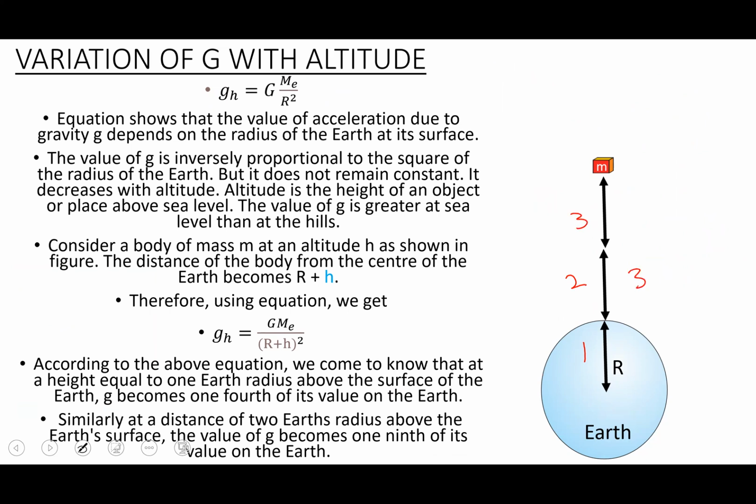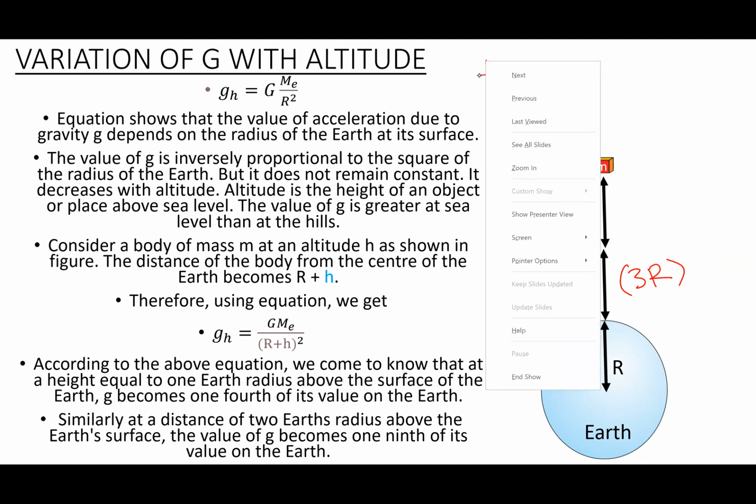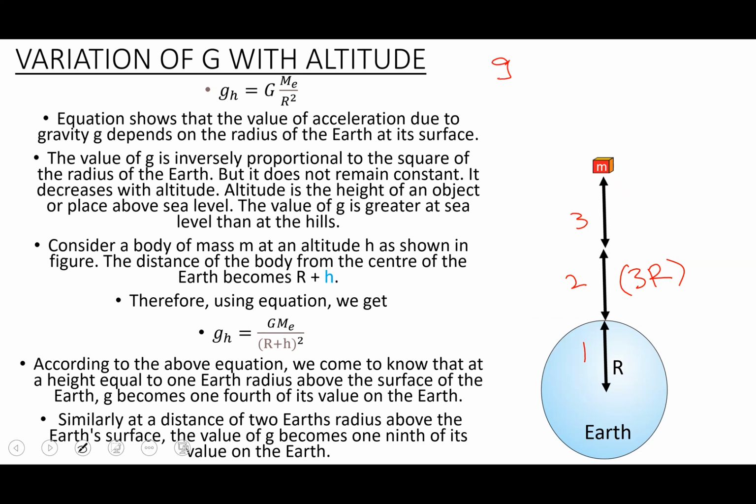That means the total distance is 3R from the center of the Earth. Now let us solve the formula again. g_h is equal to GM_e, the original formula, divided by (R plus h) whole square. But now the h from the surface of the Earth is 2R.